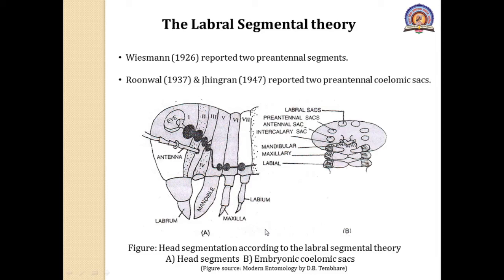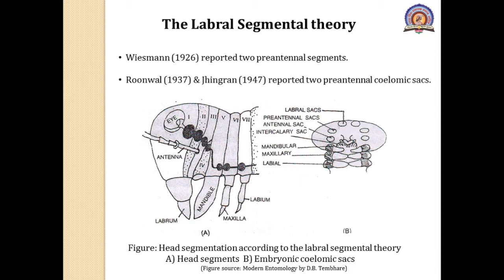So in this way, this theory holds that the head of an insect consists of a total of 7 segments, of which 4 segments contribute to the formation of the procephalon part, and 3 somites contribute to the gnathocephalon part.